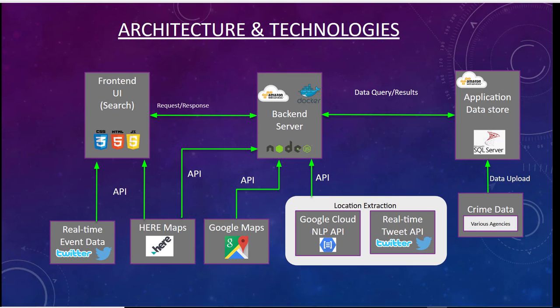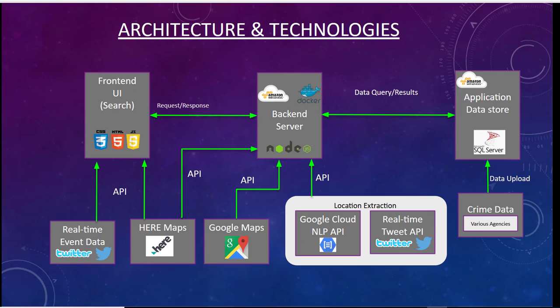This slide highlights the underlying architecture and technologies used for the PathFinder application. The user interface was developed using HTML5, CSS, JavaScript, Here Maps UI widget that shows the map and direction, and Twitter widget that shows the real-time curated Twitter feeds. The backend is comprised of a Node.js server, SQL Server database, and logic for calling APIs from Here Maps and Google Maps.